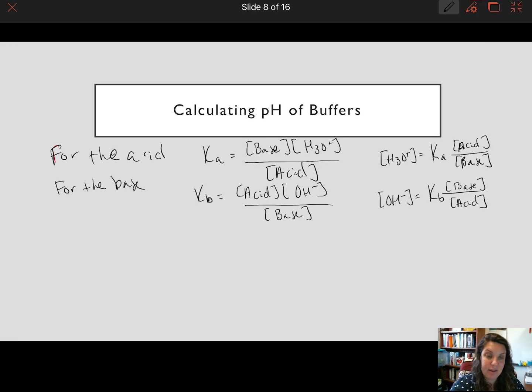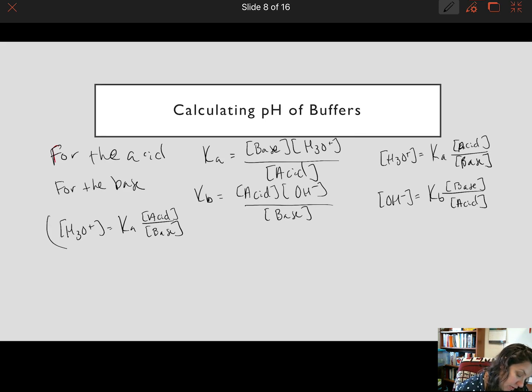So we can take either one of these, our hydronium concentration being equal to our Ka times acid over base, and we can take the log of both sides. The log of hydronium gives us pH, so we get pH is equal to negative log Ka times acid over base.